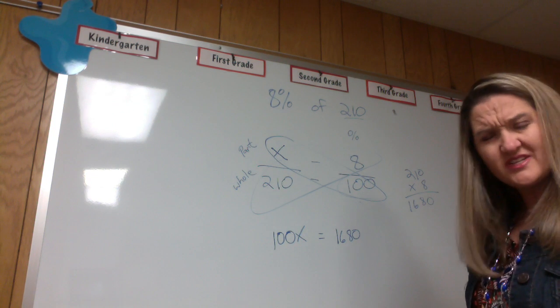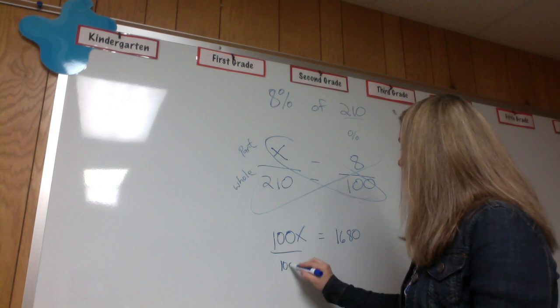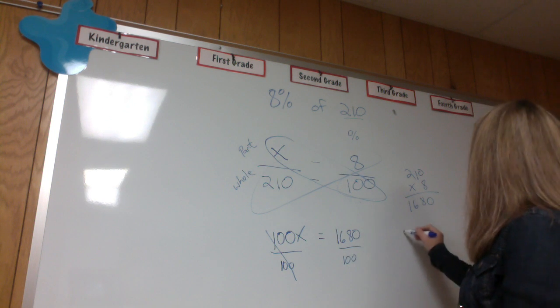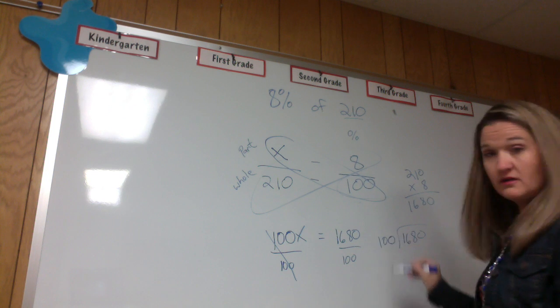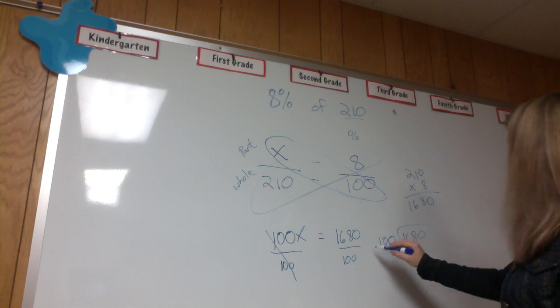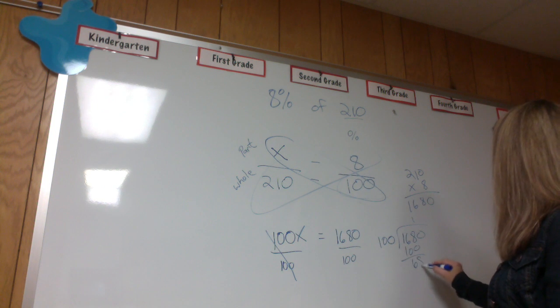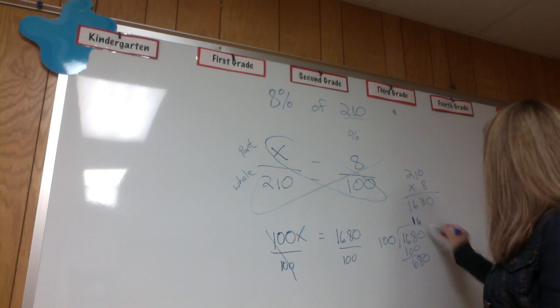So remember, what's the next step? Well, we're now using algebra. We divide by 100. That's gone. Divide this by 100. So 1680 divided by 100. 100 goes into 168 once. 680, it goes into it 6 times.